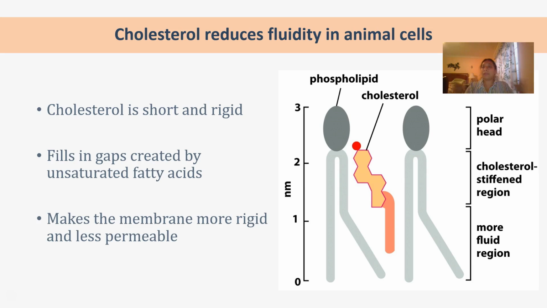Now, once you have that first layer of control, right, with the length of the hydrocarbon tails and the amount of saturated versus unsaturated fatty acid chains, there is a second level of control as well, and this is the existence of cholesterol inside those lipid membranes.